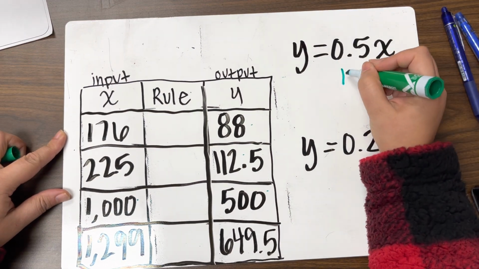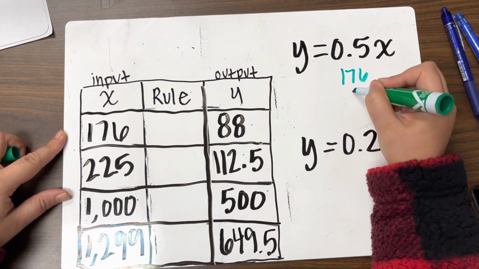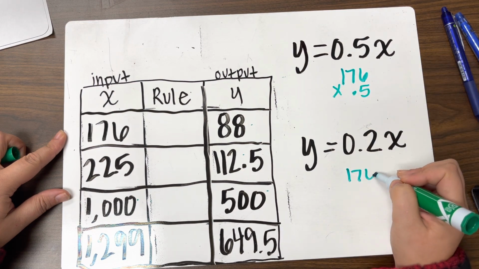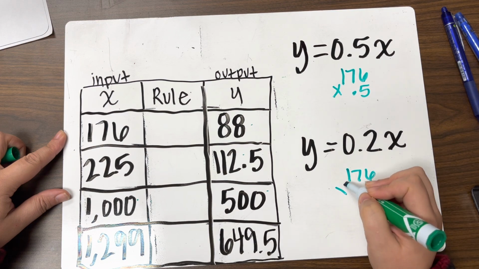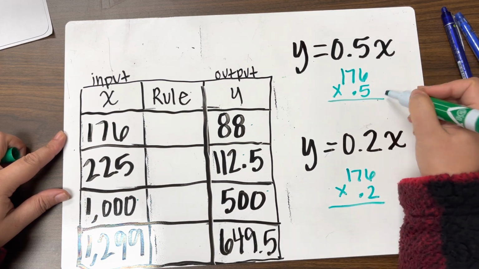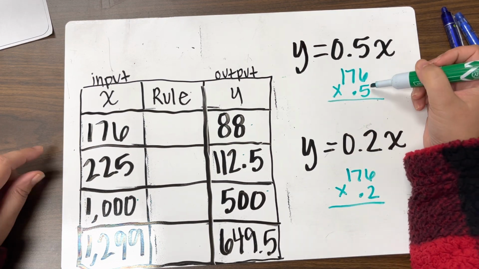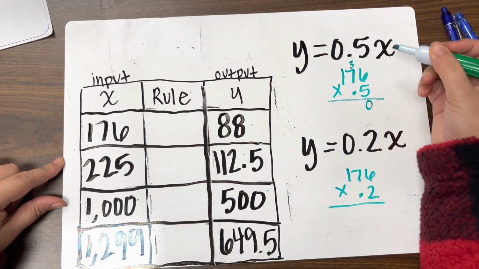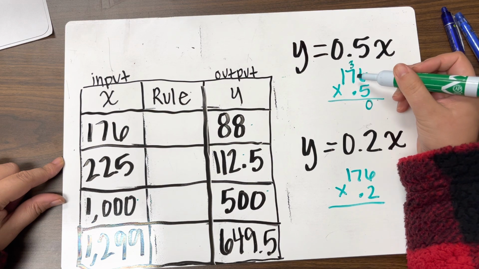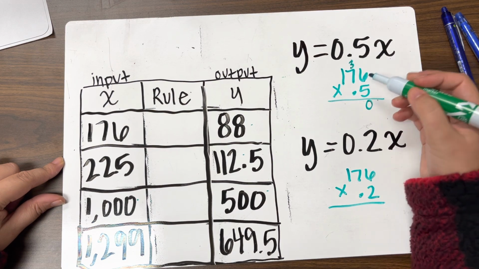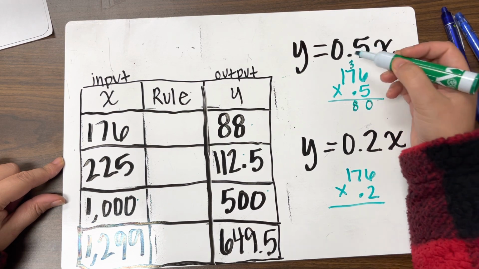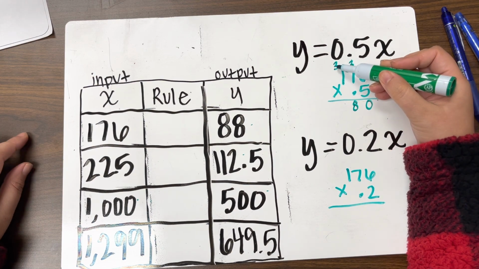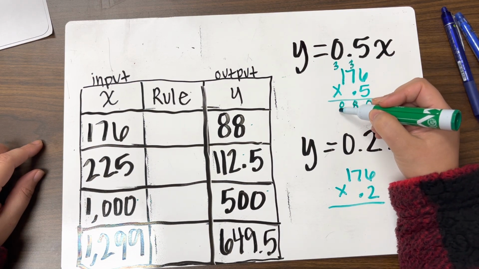So I'm going to do 176 times 0.5 and 176 times 0.2 and see what I get. All right. So here we have 6 times 5 is 30, carry the 3. 5 times 7 is 35, 36, 37, 38. Carry the 3. 5 times 1 is 5, plus 3 more is 8.